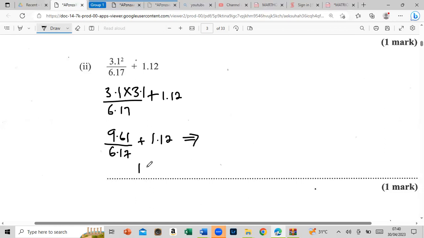So we have 1.5575364 7, I'm just writing the total for your purpose, and then we add the 1.12. I'm just going to round it to 2 decimal places, even though they never said that.